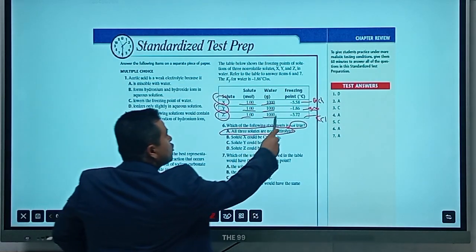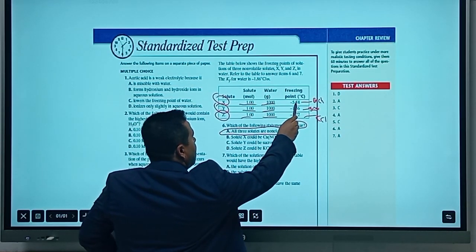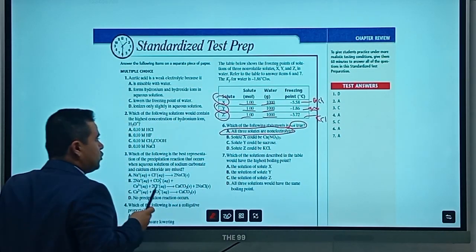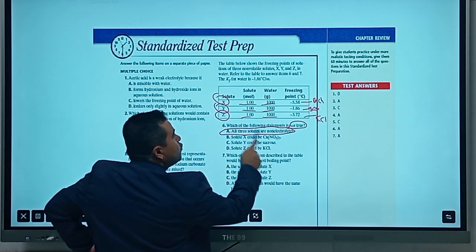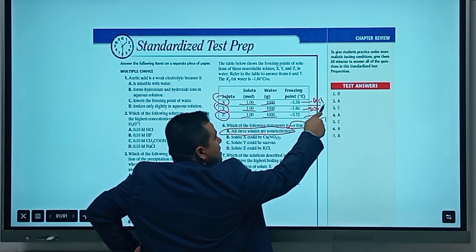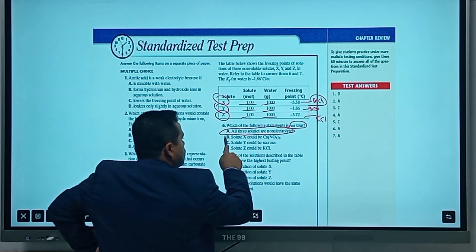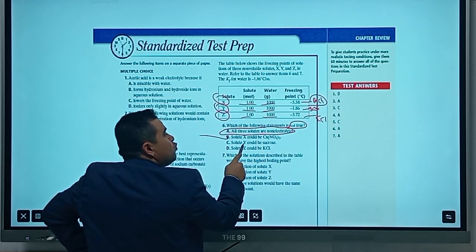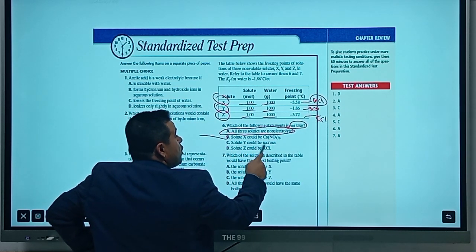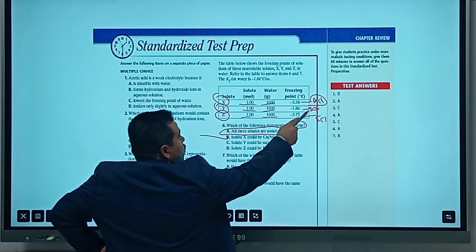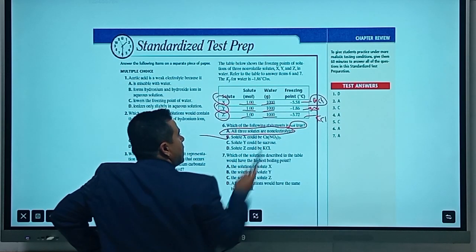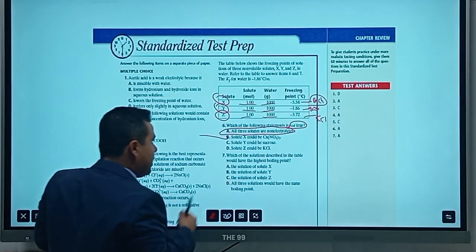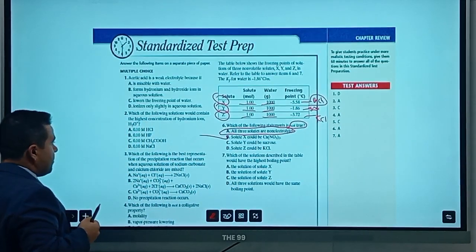Of course, only solution Y is non-electrolyte. X and Z are both electrolytes. Solute X could be Ca(NO3)2. Yes, as I told you, it must have 3 ion factors. It's true. Solute Y could be sugar or sucrose. Yes, I told you it's non-electrolyte. Solute Z could be KCl. I said KCl or NaCl that has 2 ion factors.